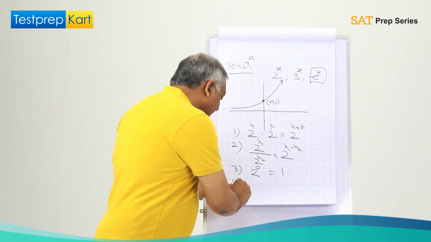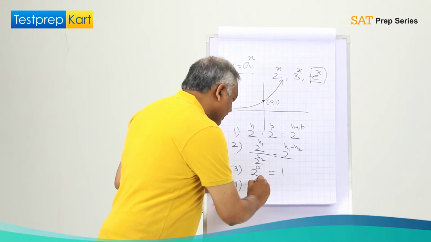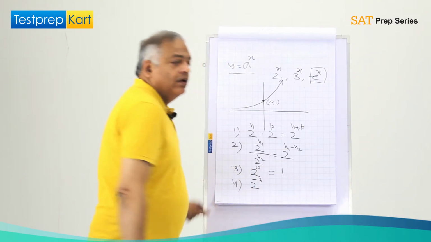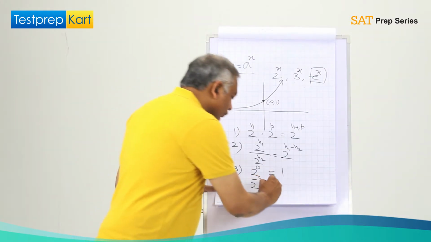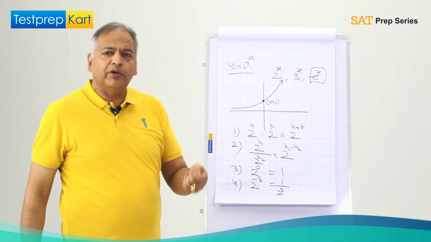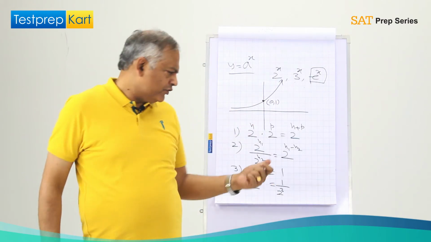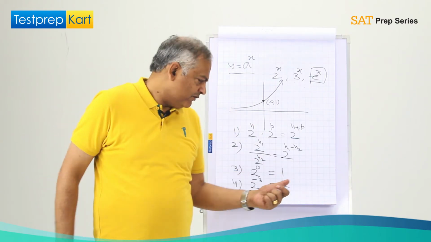Now, what will be the negative exponent if you have 2 to the power negative 3, then it will be equivalent to 1 over 2 to the power 3. So, if in the denominator you have an exponential, that is 2 to the power negative 2, or for that matter any number, this is just one example.